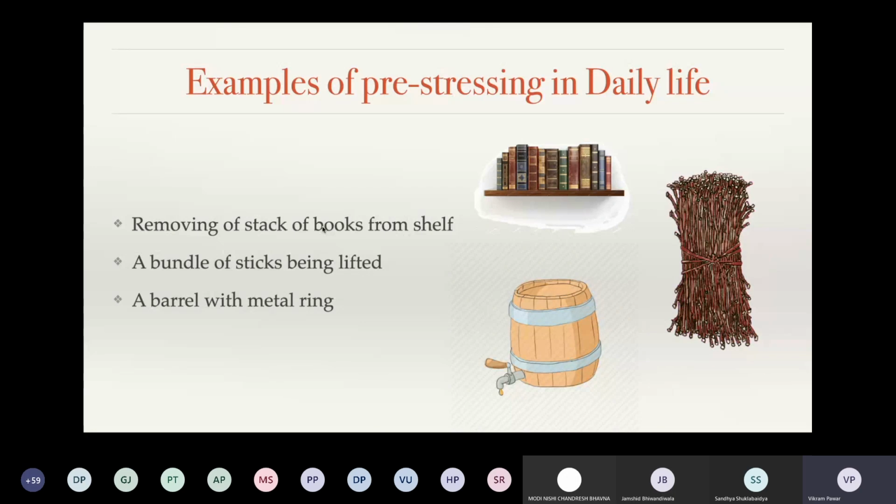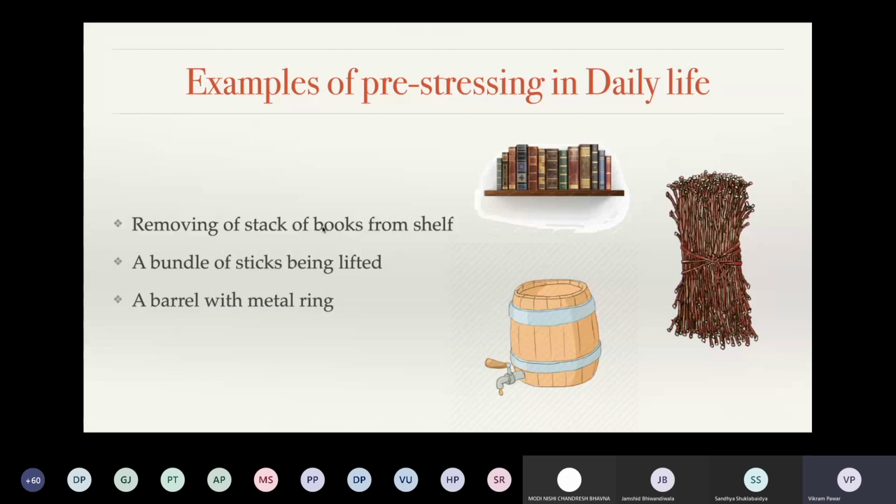One is a stack of books organized vertically on a shelf, and you want to remove the whole stack of books together. So what are you going to do? You are going to apply pressure on both the ends. You use your palm and apply pressure at both ends, and you remove the stack of books.